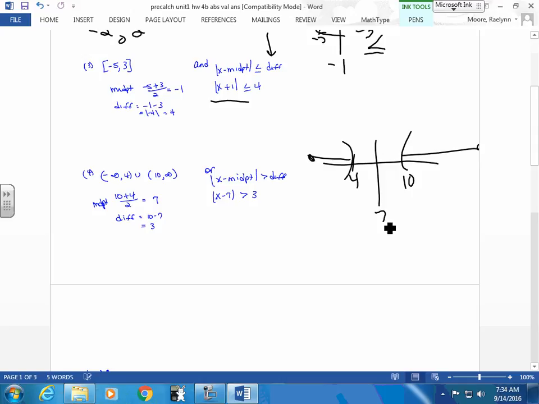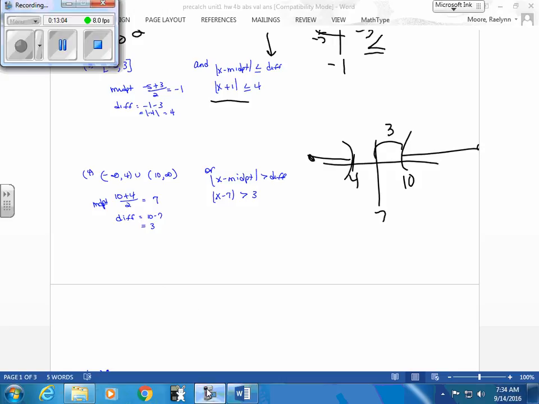Take the distance from either side and set up your inequality. No equal sign there, just plain old greater. That's it. Now you're good.